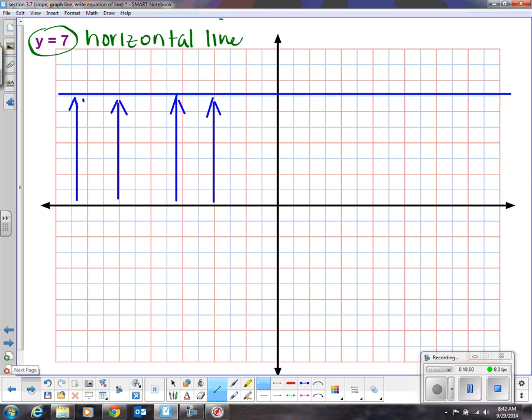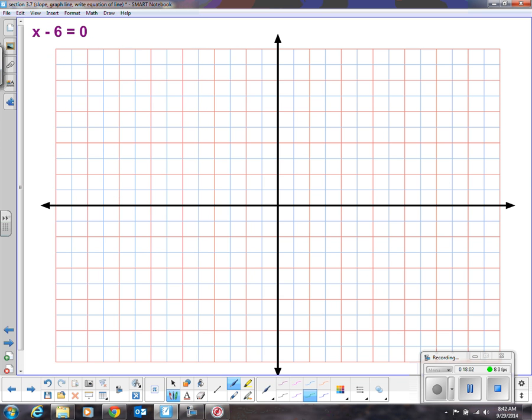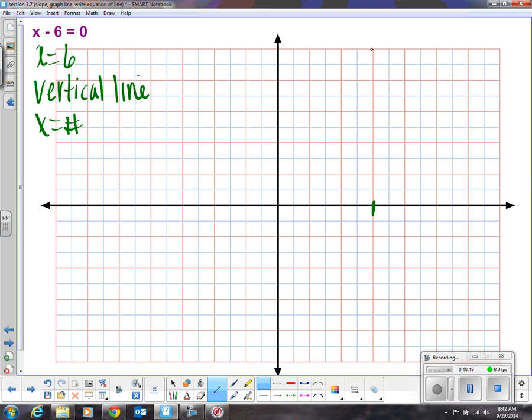If, on the other hand, you have no y, x equals 6, then this is going to be a vertical line. And vertical lines are always going to be x equals some number. So when you go to graph this, you go over 6 units, and then you graph a vertical line.